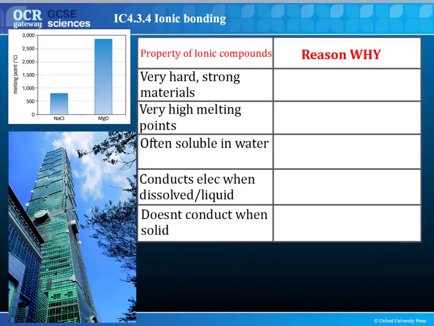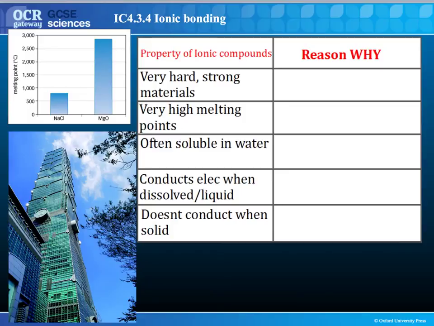Because of this very strong bond, you end up with very hard materials. It's hard to break the bonds between the ions, so they have very high melting points. You can see here the melting point of sodium chloride is about 800 degrees, and magnesium oxide, which is close to 3000.